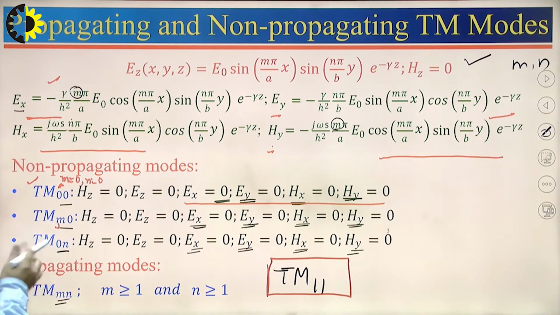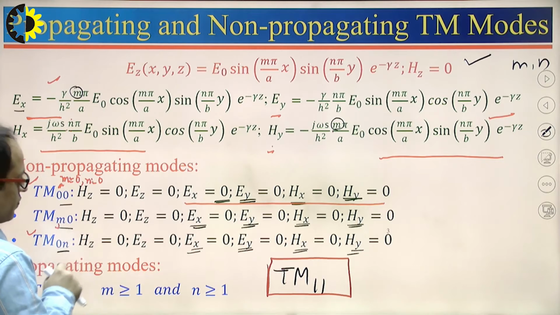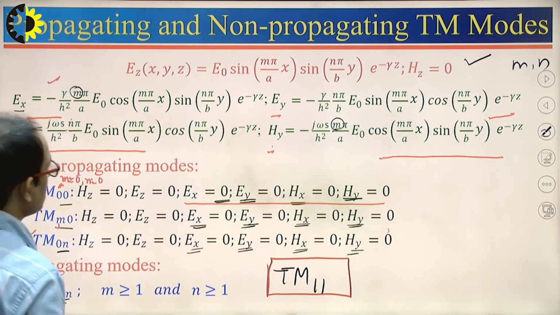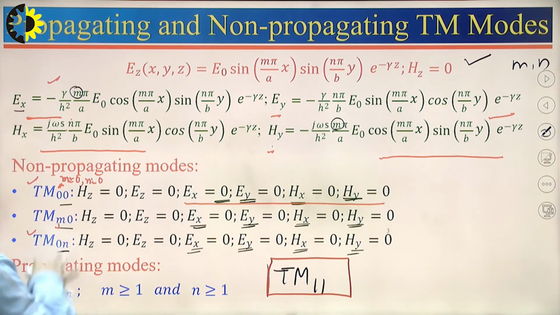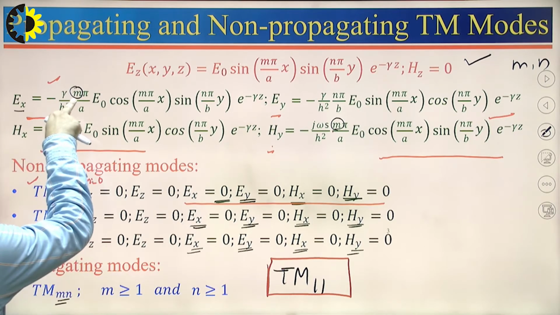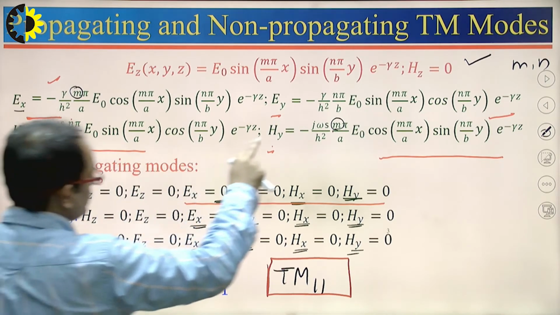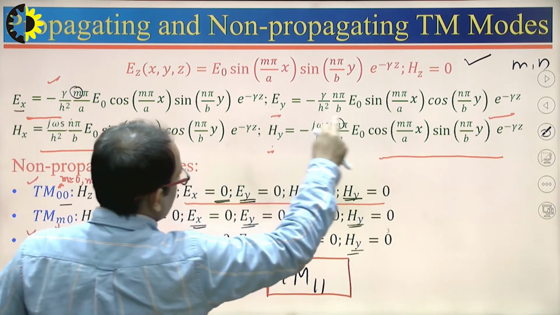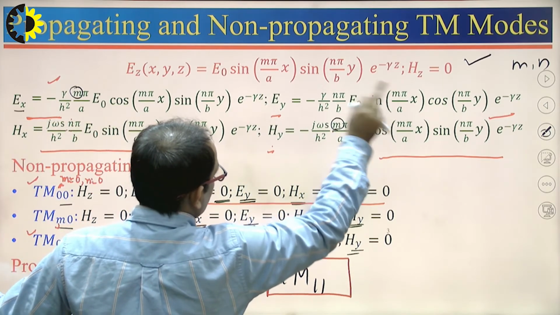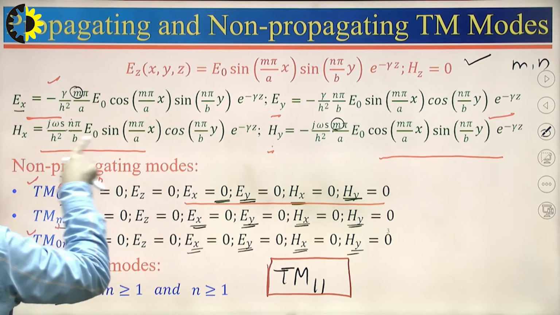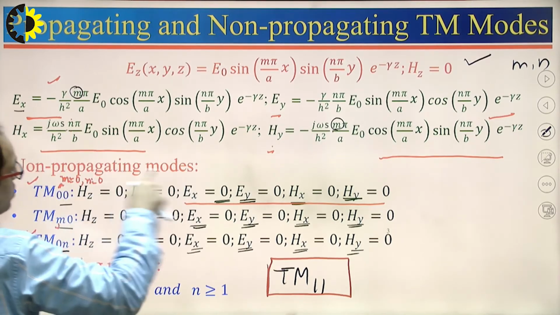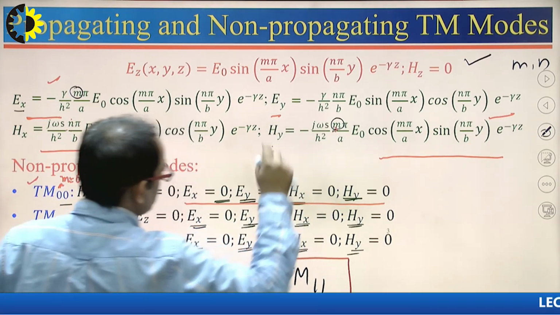Clear? Now see, when m is equal to 0, n can have any value. So in this also, all components will be 0. Now see how: m equal to 0, Ex comes out to be 0, Ey with m equal to 0, sin 0, 0, Hx sin 0, 0, and Hy, here m equal to 0, the whole is 0.